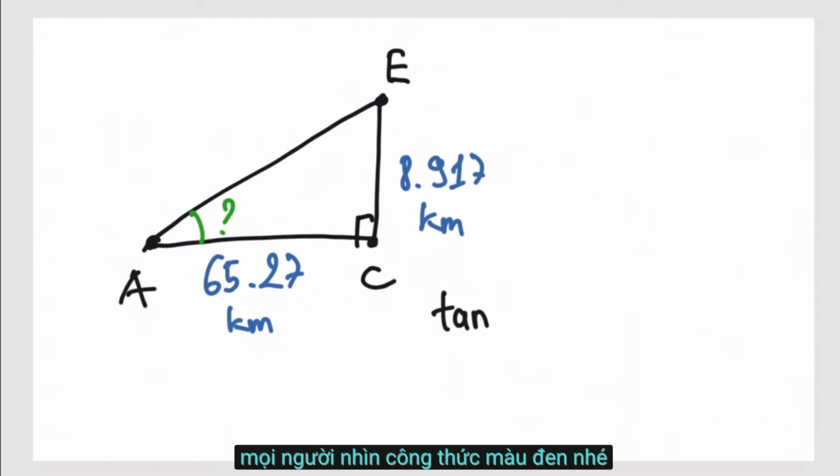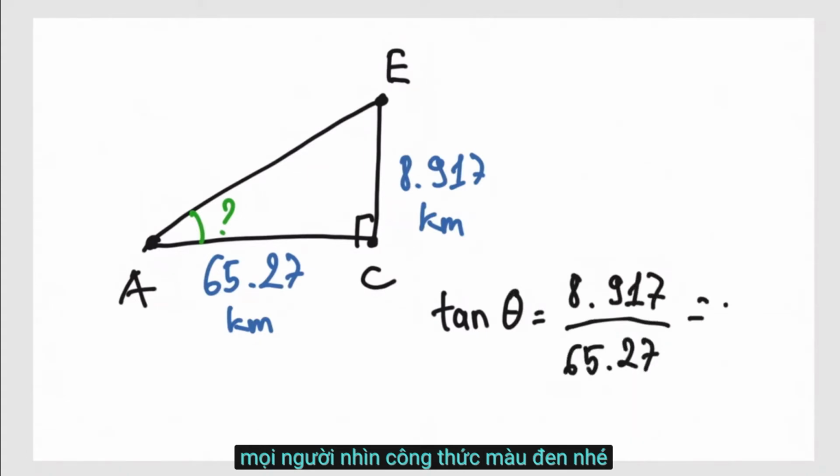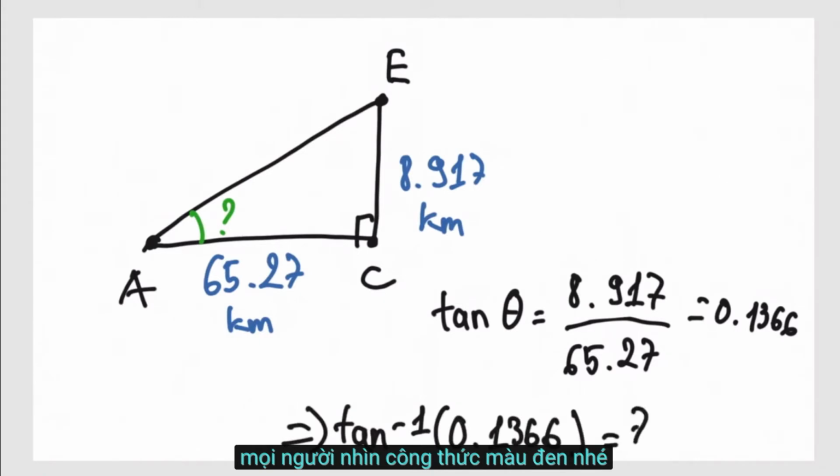Tan of angle theta equals 8.917 over 65.27, which equals 0.1366, so theta equals inverse tangent of 0.1366, which is equal to 7.8 degrees to 1 decimal place.